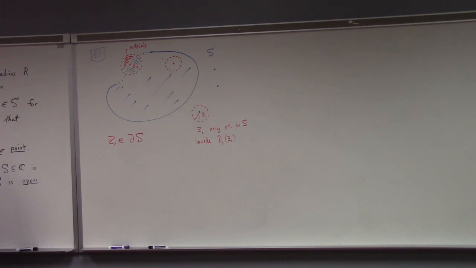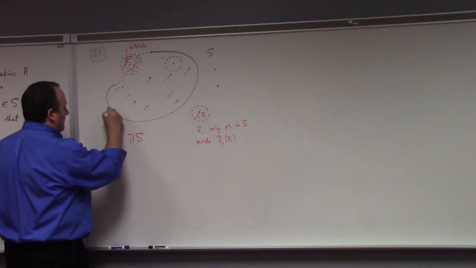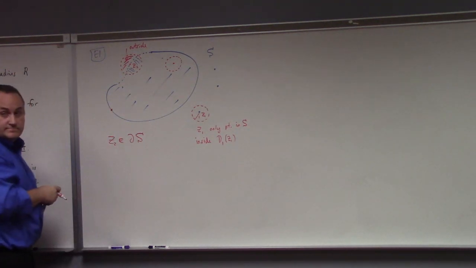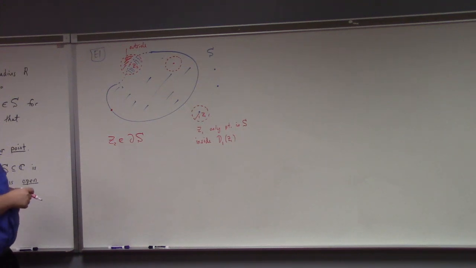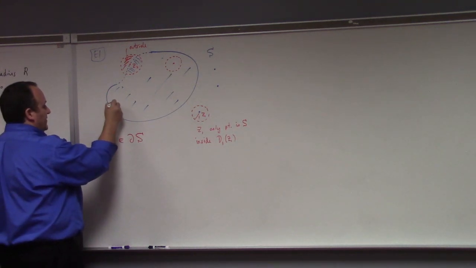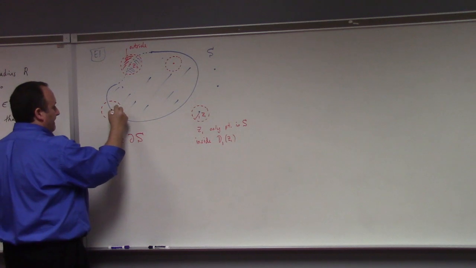Shouldn't we put that point where the line is continuous instead of that? Oh, no. This is also a boundary point, here, Z3.